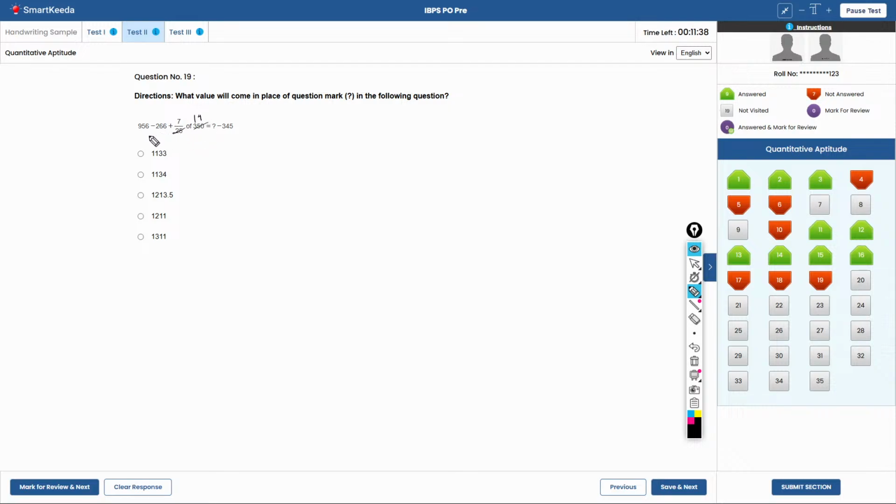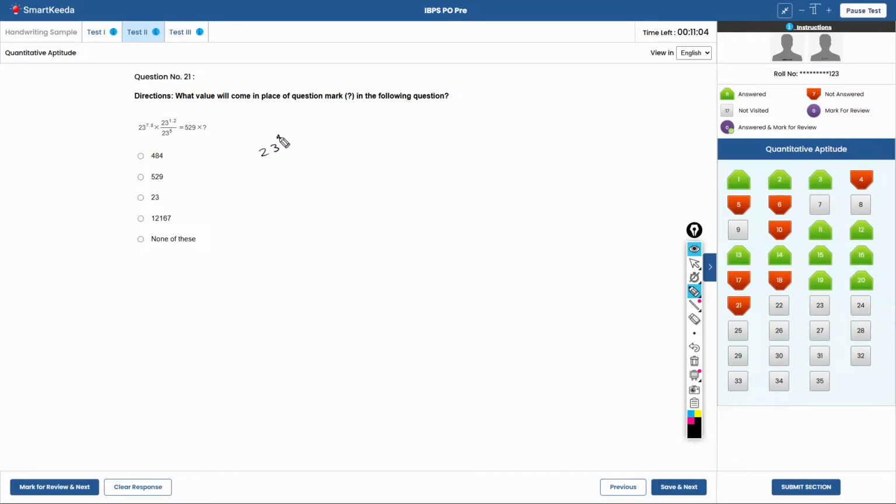So the unit digit will come to be 0 plus 8 and plus 5. So 3. This is going to be 6 into 4, 24 minus 15. It's 9. Okay, if I add them, it's going to be 9.